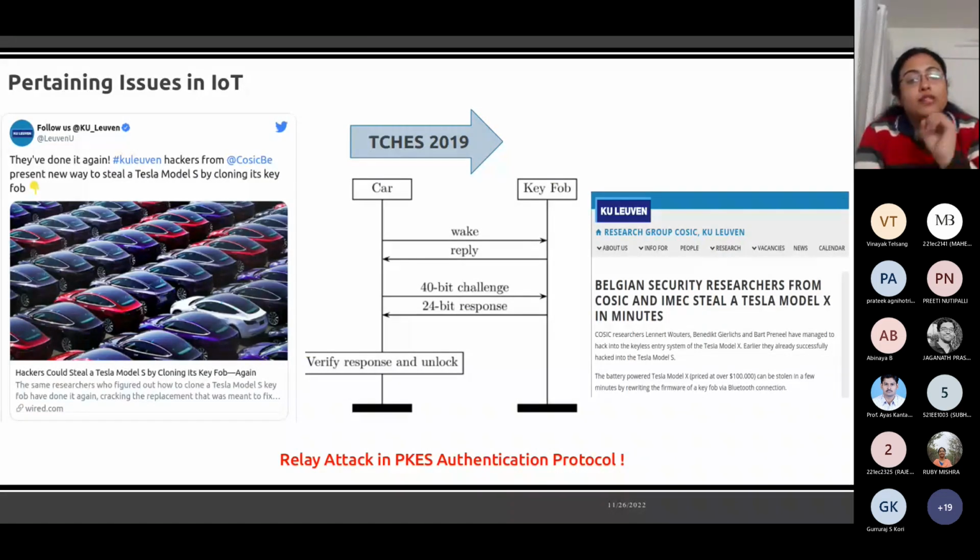It has been found that there is an authentication protocol for this PKES system, but while they communicate, the car sends a 40-bit challenge, and there is a very specific encryption algorithm which is actually not an encryption algorithm, just a bunch of XORs.